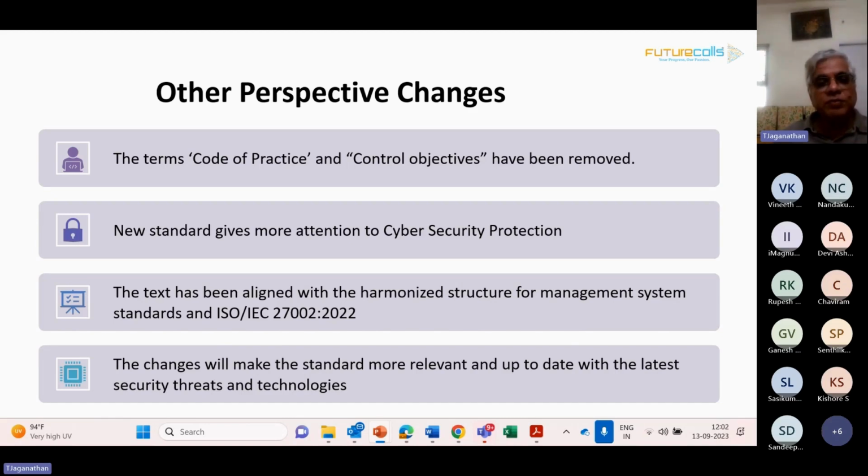The new standard gives more attention to the requirement than the objective. They say this is the requirement, just focus on the requirement. And the requirements have been categorized. Each requirement has been categorized under a particular category: A5, A6, A7, A8. There are only two levels now.